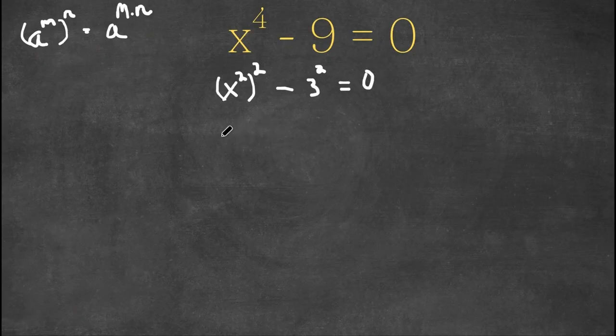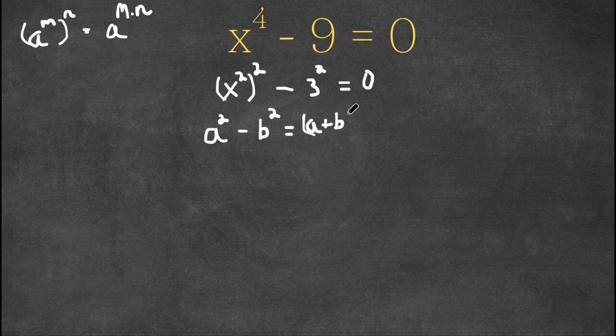Now, an important expression that we have is a squared minus b squared. If you guys didn't already know, a squared minus b squared is equal to a plus b times a minus b. As you can see right here, I've changed this equation to match up with a squared minus b squared.